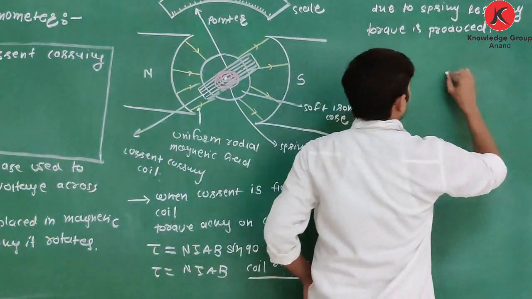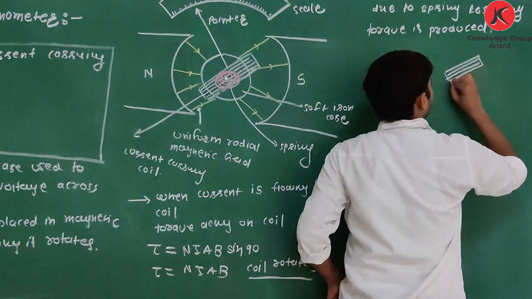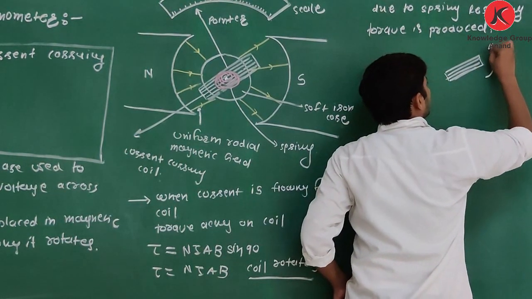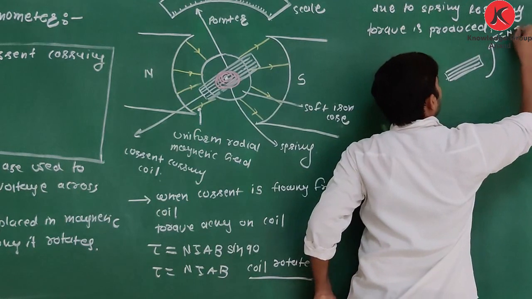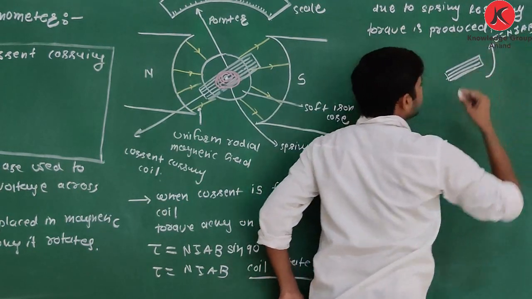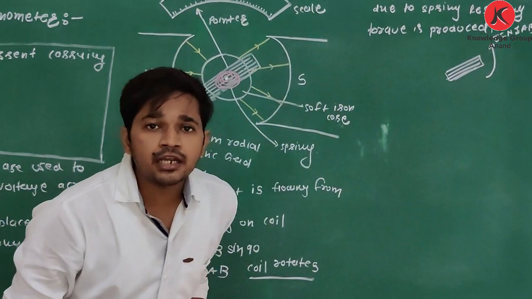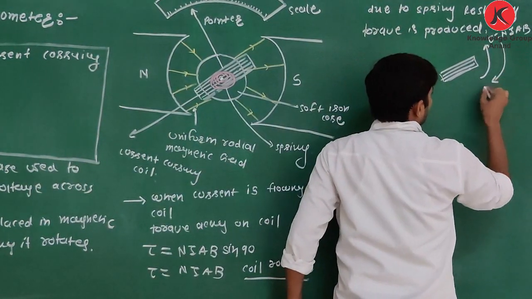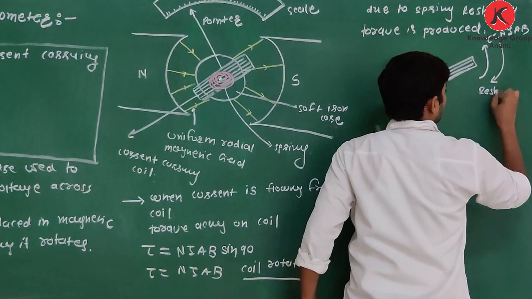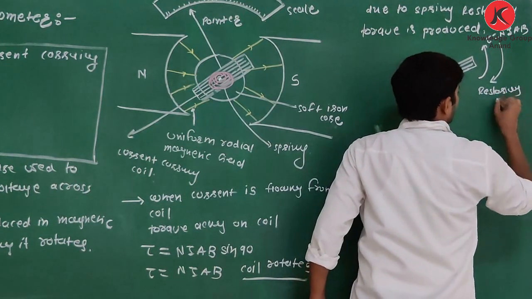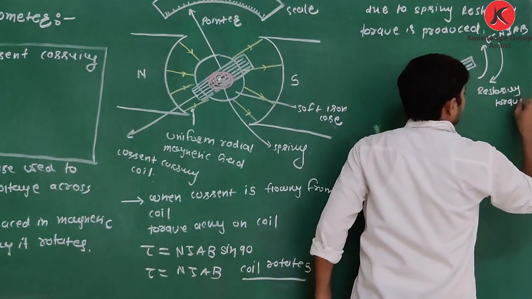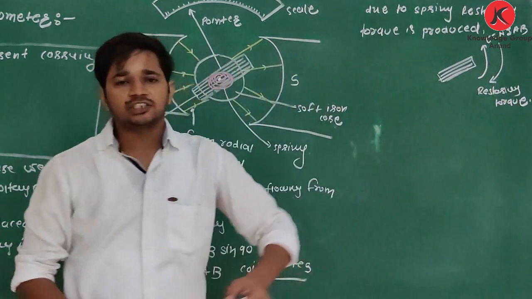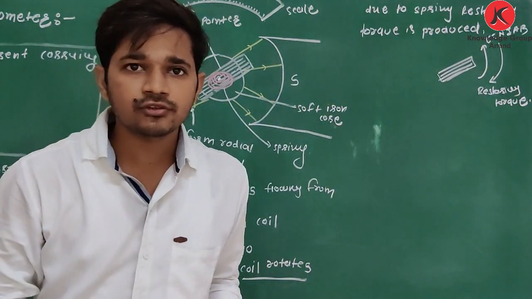See, if due to torque tau equal to NIAB the coil is rotating in this direction, then the restoring torque will act in the opposite direction. Clear about this?